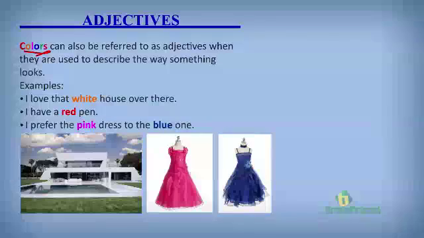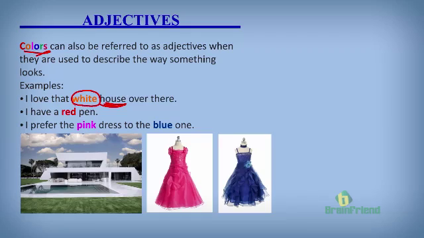Now let's look at some examples. I love that White House over there. The noun is house, the name of a thing or a place. A house is a place. It could also be regarded as an object or a thing. Now, which word tells us more about the house? White.